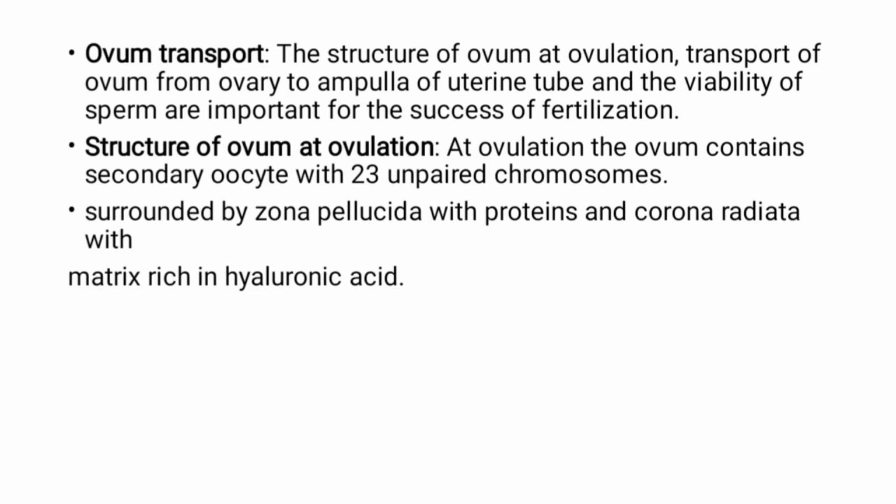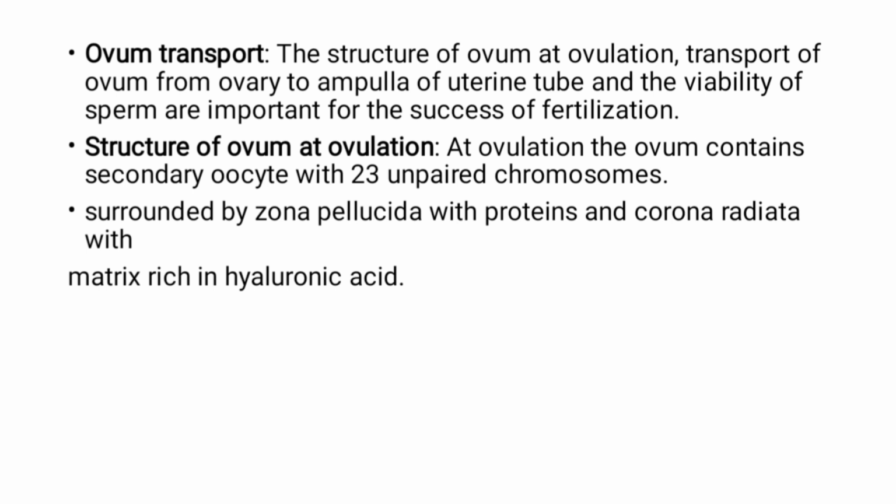Now we can talk about ovum transport. The structure of the ovum at ovulation, the transport of the ovum from the ovary to the ampulla of the uterine tube, and the viability of the sperm are important for the success of fertilization. The structure of the ovum at ovulation contains a secondary oocyte with 23 chromosomes.